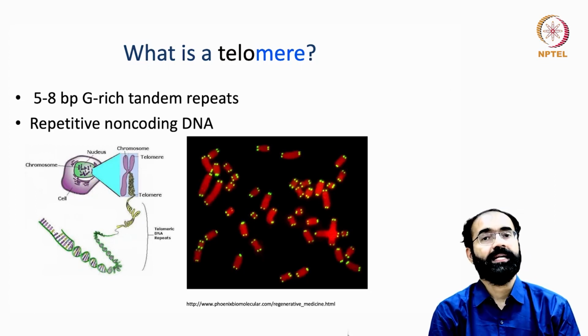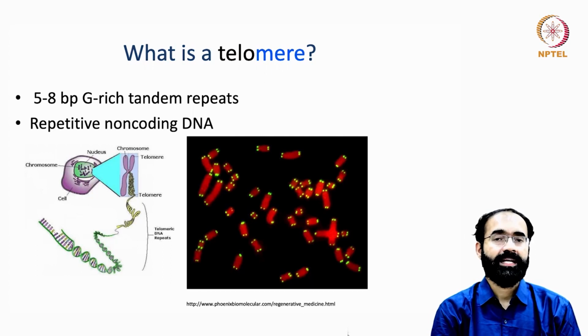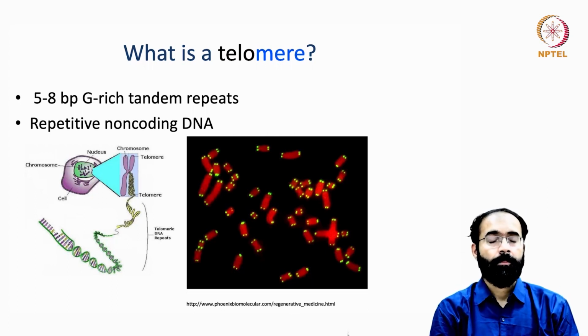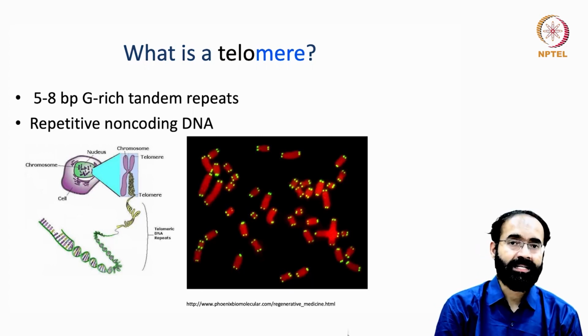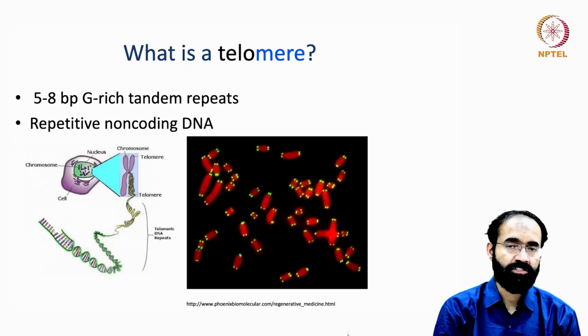So when there is no place for the RNA primer to bind, that leads to an end replication problem. If I want to tell you that a DNA end is from 1 to 100, so let us for convenience assume a chromosome is 100 bases long. Actually it is millions of bases.